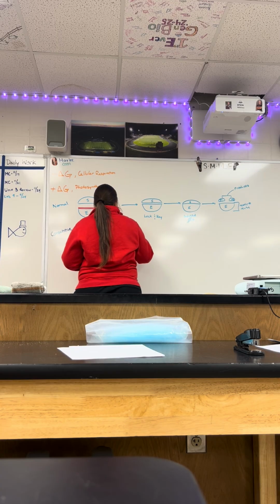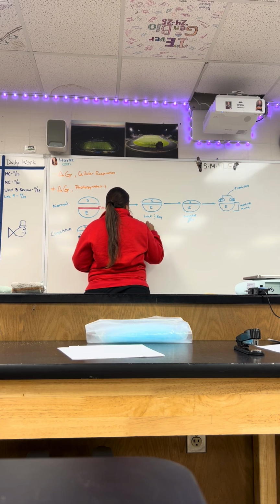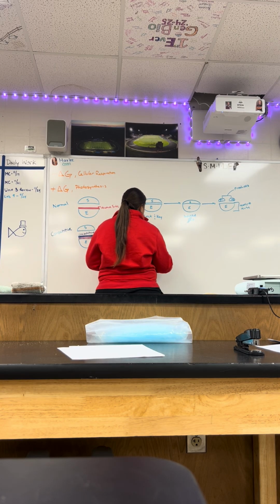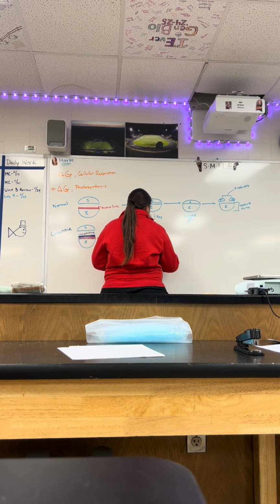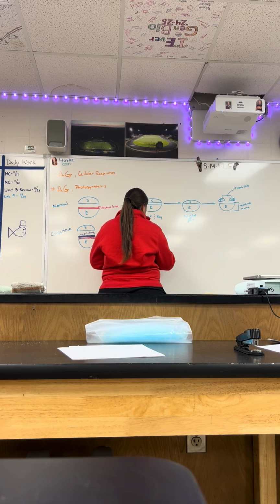The other option is non-competitive. In non-competitive, it is the same goal. We have an enzyme, it has an active site. You have a substrate that is looking to bind.